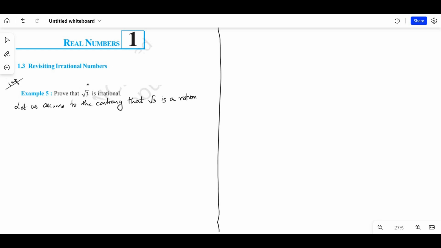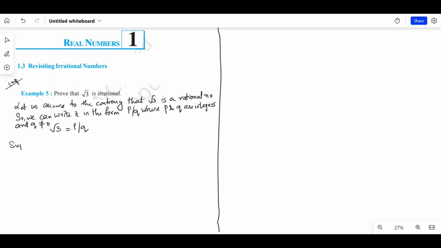A rational number is a number which can be represented in the form p by q, where p and q are integers and q is not equal to 0. So we can write root 3 as p by q.